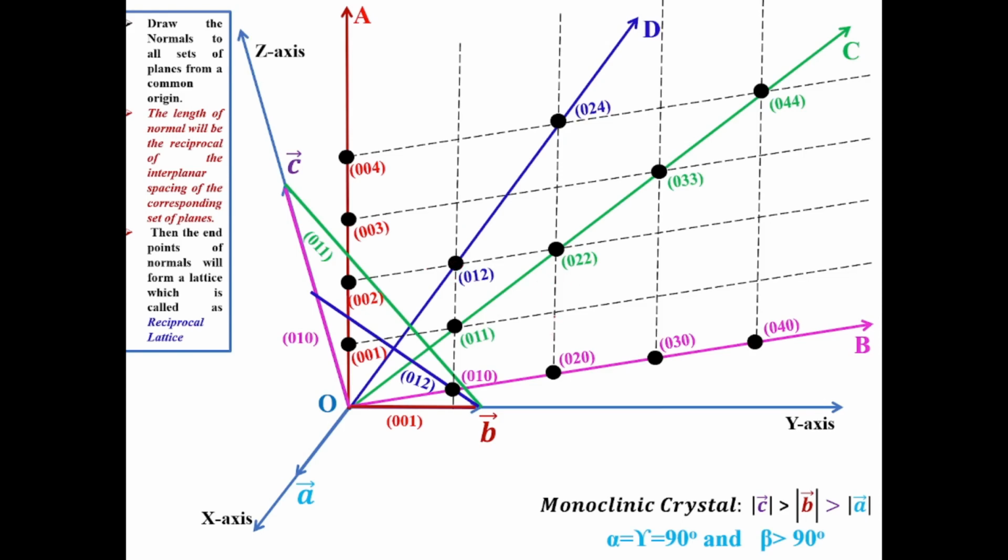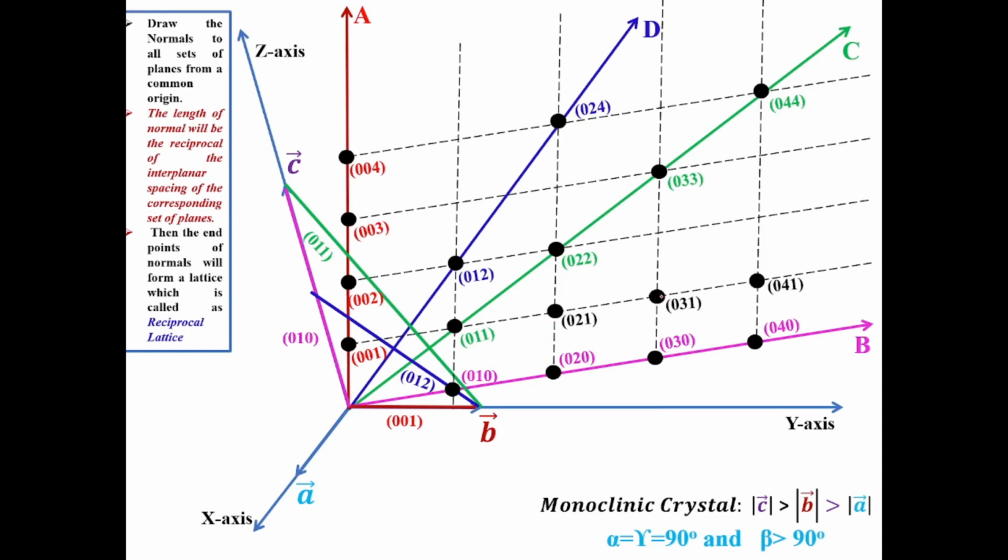Now which plane does this point represent? Here you can see from here to here this is your 020. From here to here this is your 012. So obviously this point will be 021, the 021 plane. This point will be 031.